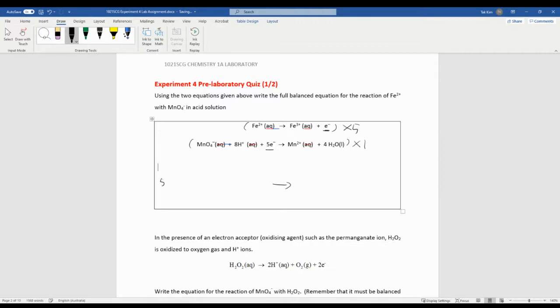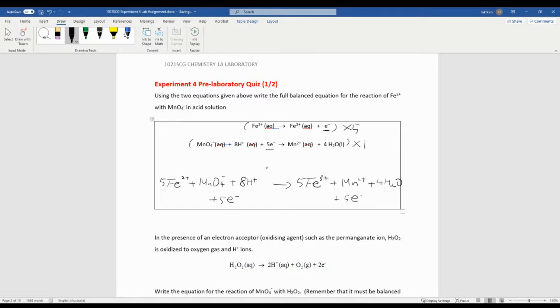So the first one should be 5Fe2+ plus MnO4- plus 8 H+, and then I'll write down the number of electrons, 5 electrons, goes into 5Fe3+ plus Mn2+ plus 4 H2O, and then 5 electrons from this half equation.